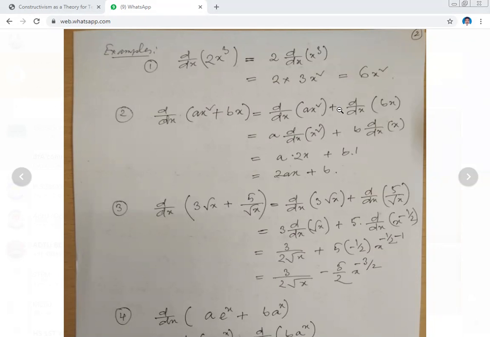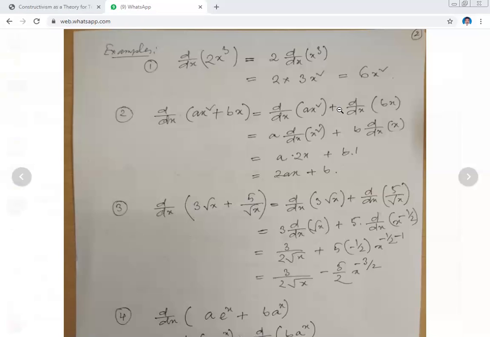That is d/dx of the first function plus or minus d/dx of the second function. If there are two functions to differentiate, which are in addition or subtraction form, we need to differentiate separately. That is differentiation of the first plus or minus differentiation of the second.